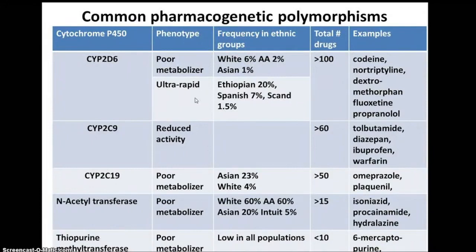So on screen you can see the common pharmacogenetic polymorphisms. The polymorphism in cytochrome P450 causes a different response of people to the use of different medicines.